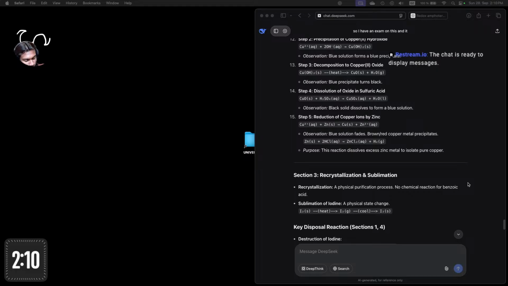Cu2+ plus Zn gives Zn2+ plus Cu. Blue solution fades with brown slash red copper precipitates.